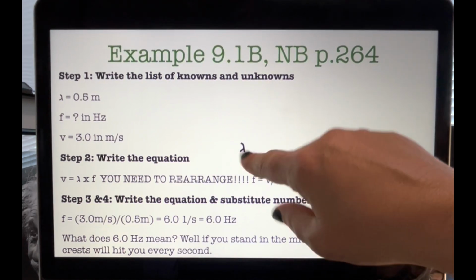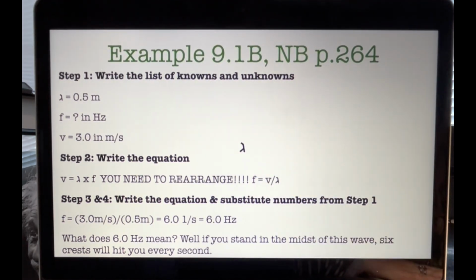Not sure why that random lambda is there. Steps 3 and 4, write out the equation substituting the numbers from step 1 and solve. So 3 meters per second divided by 0.5 meters leaves us with 6.0 1 per second, or 6.0 hertz. Physicists typically like to use hertz instead of 1 per second for frequency, so the answer is 6 hertz.